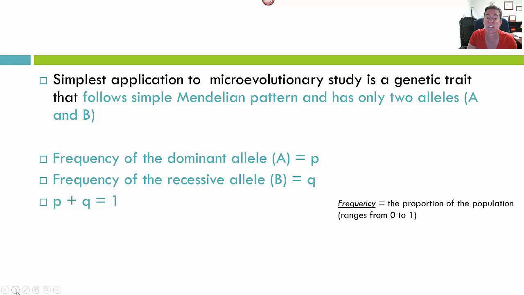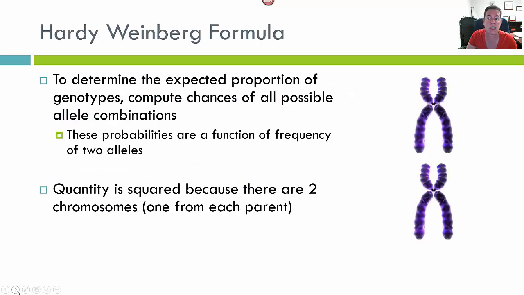The frequency of the dominant allele, in this case A, equals p. The frequency of the recessive allele, in this case B, equals q. p plus q, the frequency of the dominant allele plus the frequency of the recessive allele, will always equal 1. Remember, frequency equals the proportion of the population, and it always ranges from 0 to 1.